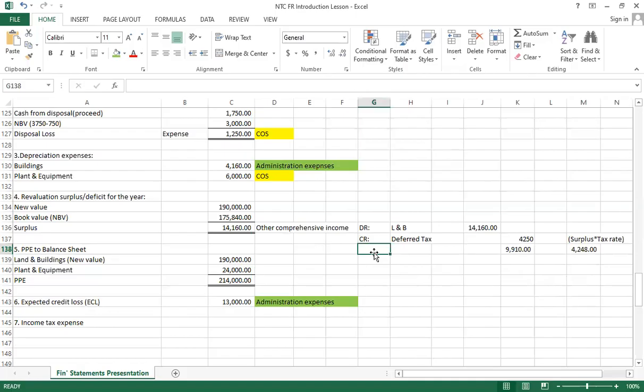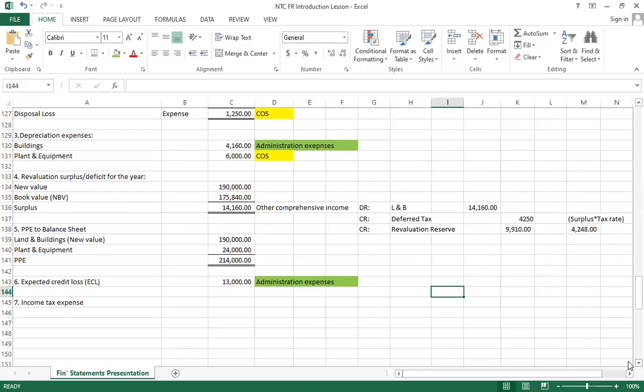And where does this other credit go? The other credit goes to the revaluation reserve account.